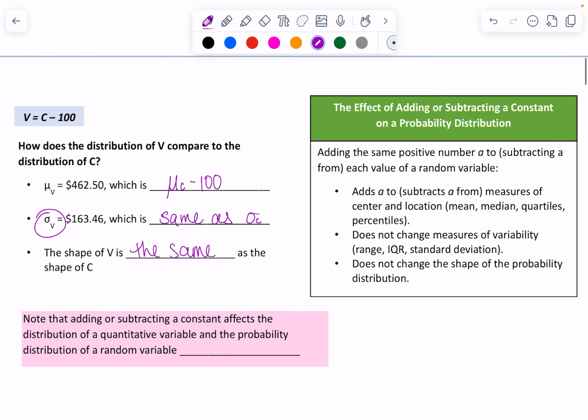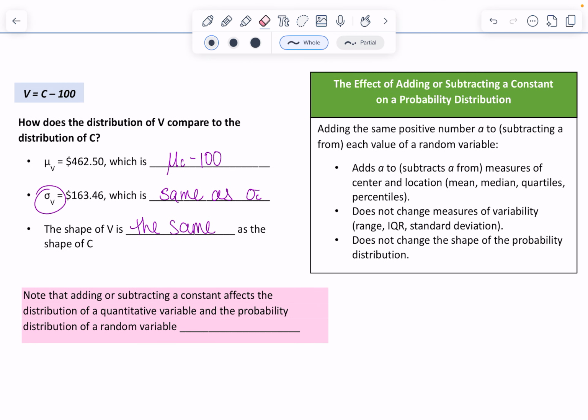All right, so again, the effects of adding. If you add something, it's going to add to your mean, your median, your quartiles, all that good stuff. If we add, it is not going to change all those measures of variability, so range, IQR, standard deviation, those won't change.